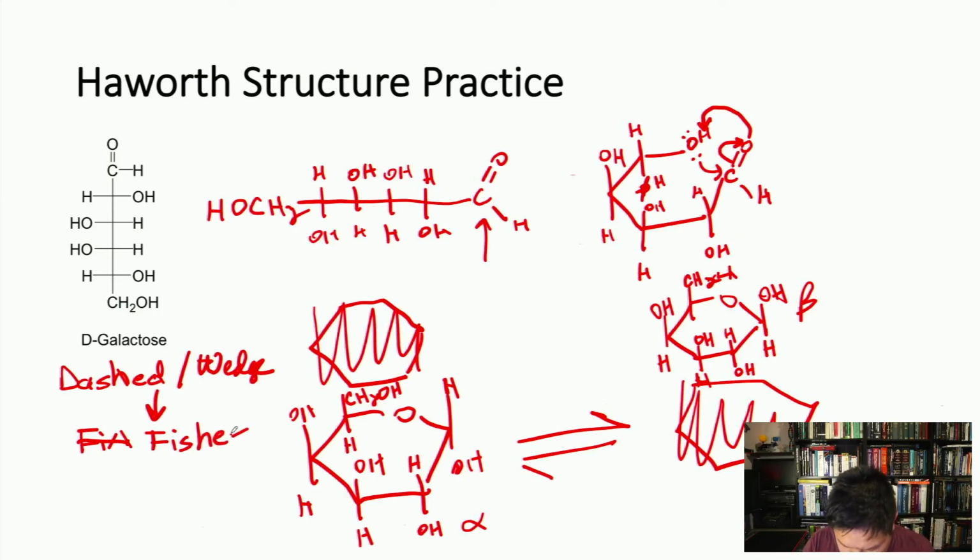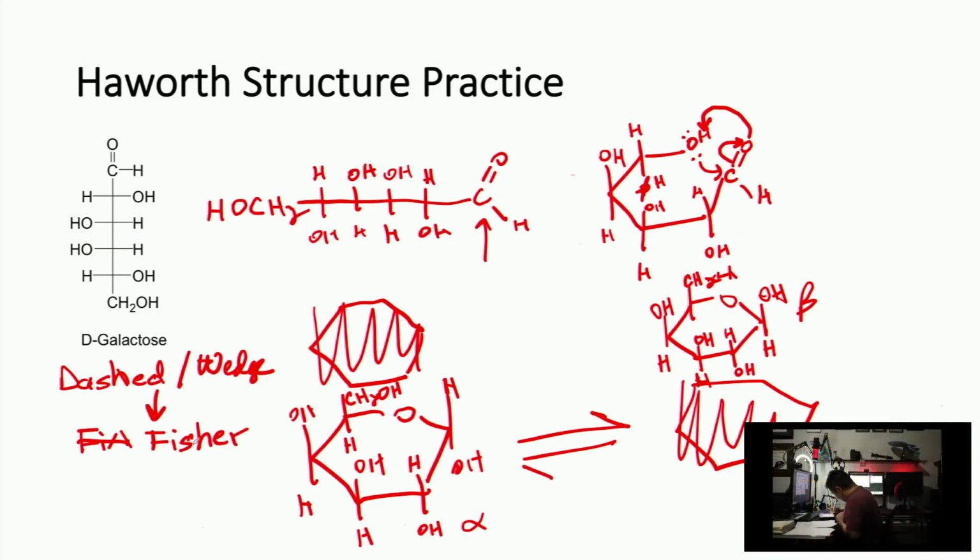I think there should be a C in there. Let me look. Yes, there is a C there. Here we go, the Fischer projection.